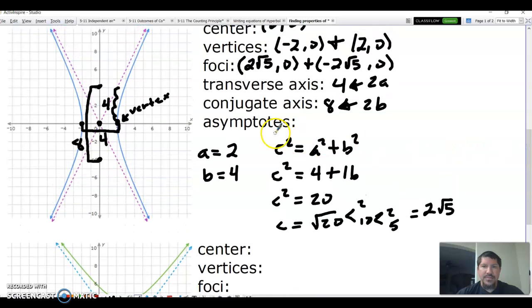Now my asymptotes, we'll use this point. The slope is the rise over the run. Well, that's 4 and that's 2, right? So this one here has a slope of 2. This one here would be rise 4, run negative 2, so it would have a slope of negative 2.